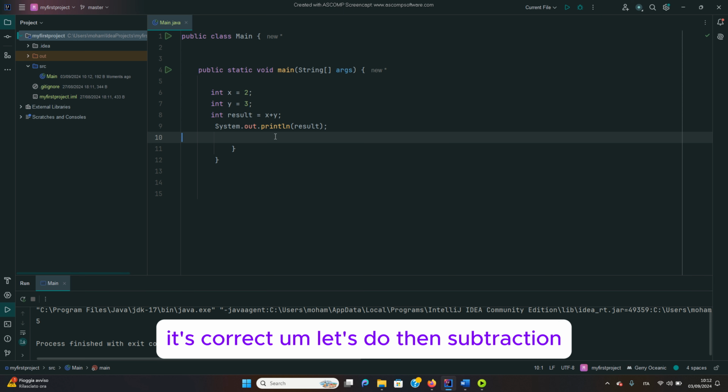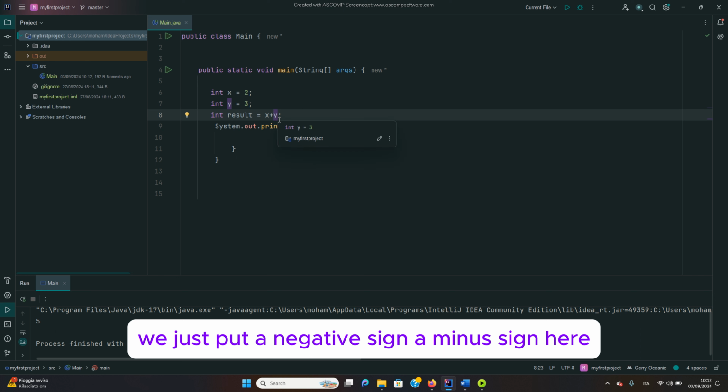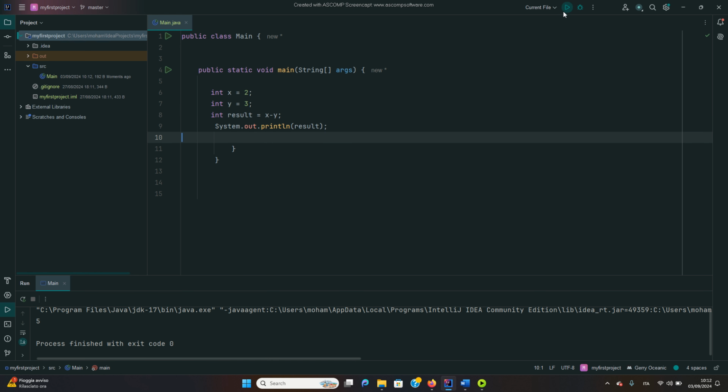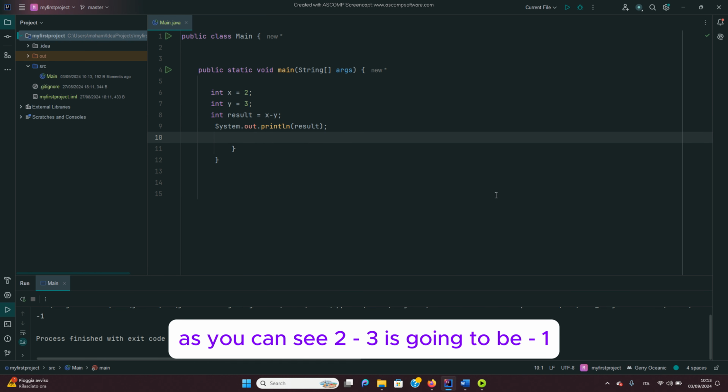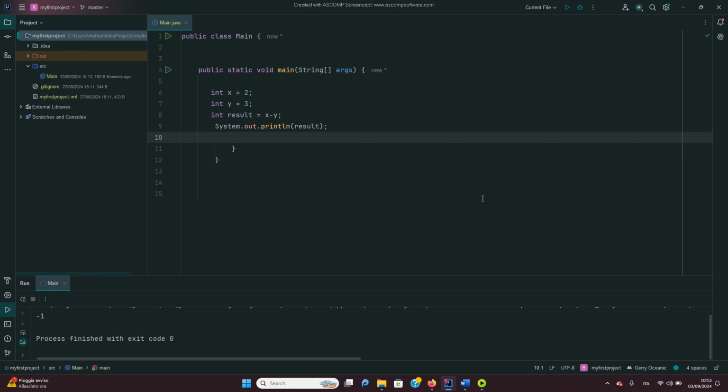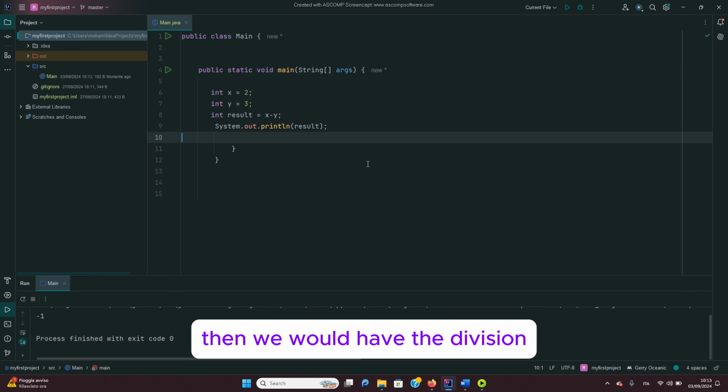Let's do the subtraction. We just put a negative sign, a minus sign here. As you can see, 2 minus 3 is going to be negative 1. Then we would have the division.